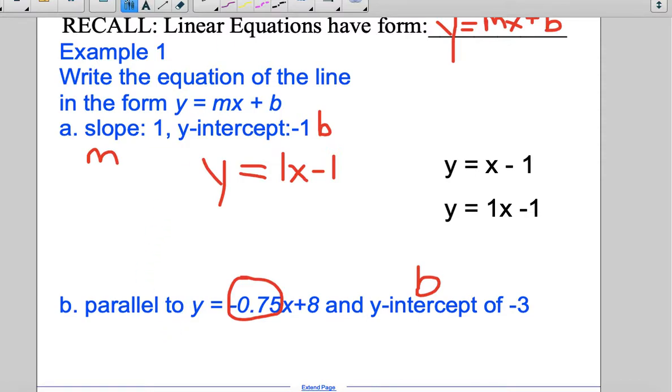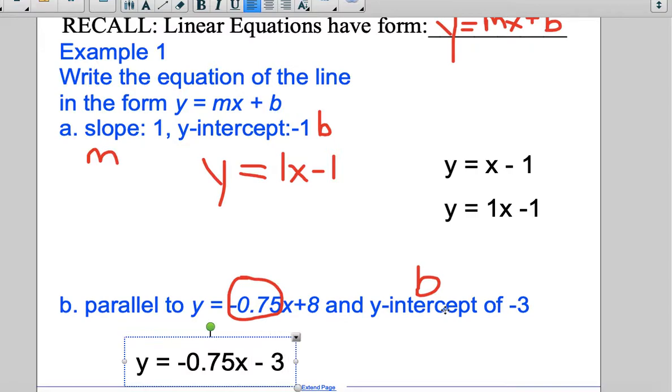So if you're writing an equation for this line, you're going to have y equals the exact same slope value with our variable x, but instead of +8 here, we're going to change the y-intercept, like this question asks, to -3. So a parallel line would have y equals -0.75x minus 3.